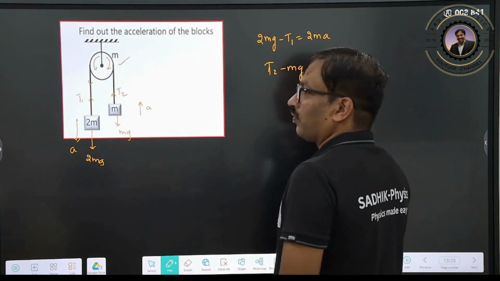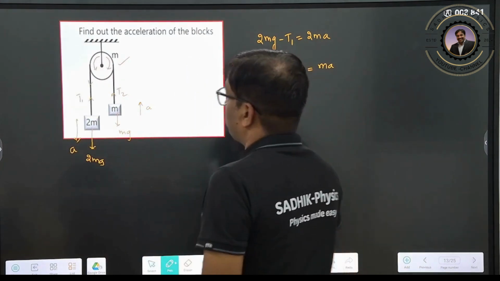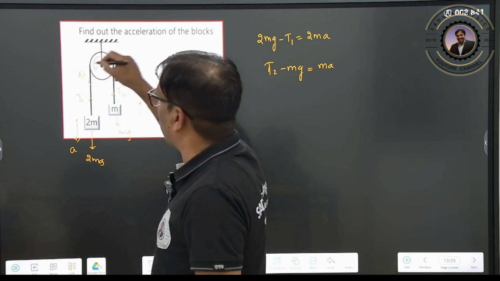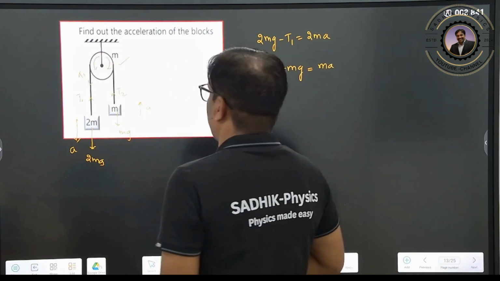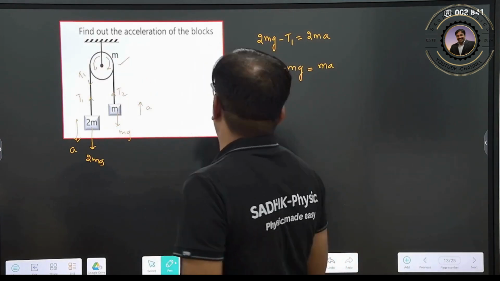Not only this, we need to write the torque here. What is the torque here? This T1 is making it rotate anti-clockwise. This T2 is making it rotate clockwise. What is the net torque? Net torque is force into perpendicular distance.